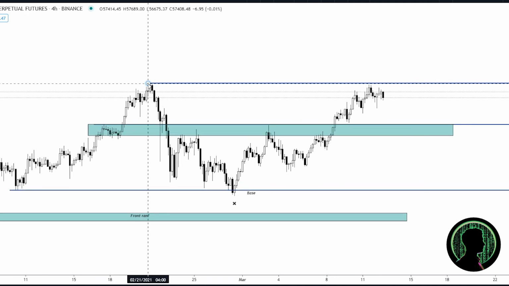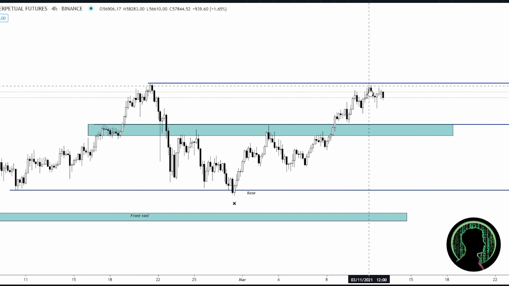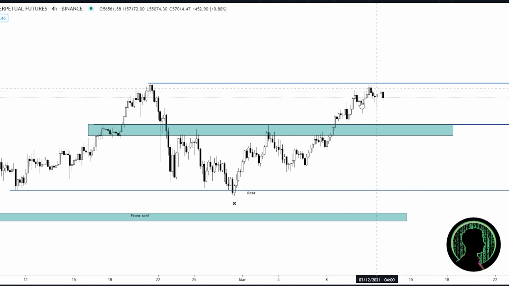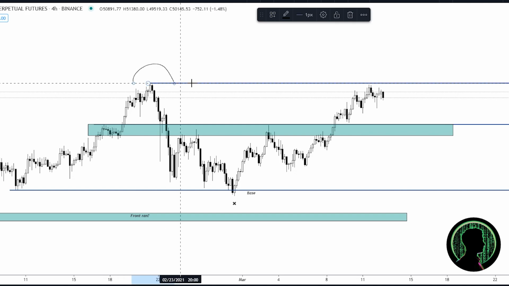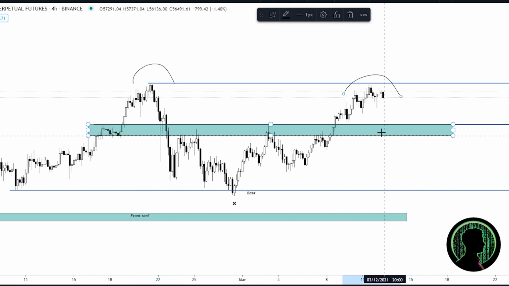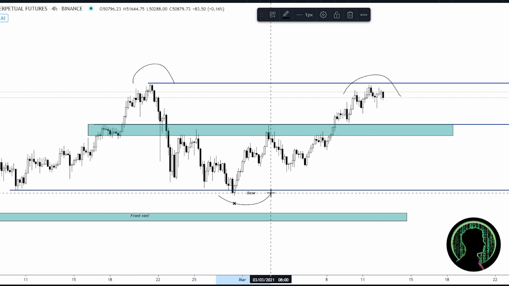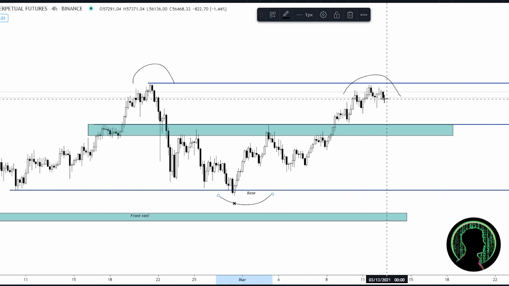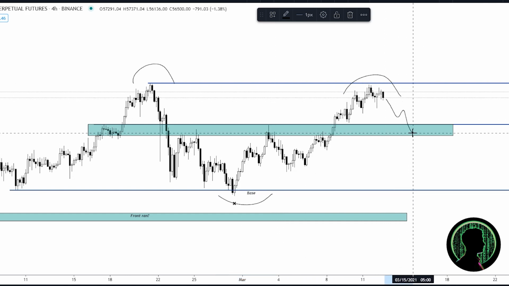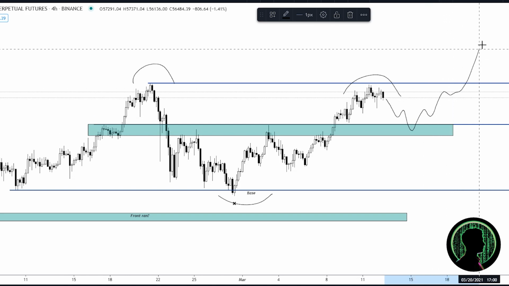You'll see here, these were the highs. We didn't really sweep it. So technically speaking, this is a lower high forming, on a higher time frame. So this would be the high, this would be a lower high, and this would be the lows that we've set. So if anything, there's a good chance that we might trickle down here or something like that.